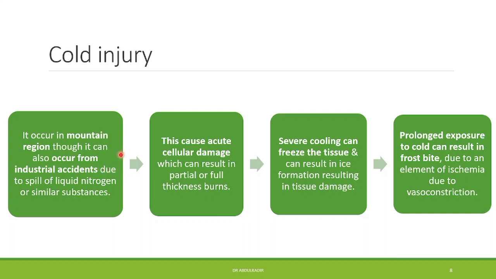After contact with very cold conditions, it will cause acute cellular damage, and it will cause partial and full thickness burn. Severe cooling of the tissue can cause tissue freezing, and the freezing of the tissue will result in tissue damage. Prolonged exposure to the cold will cause frostbite.